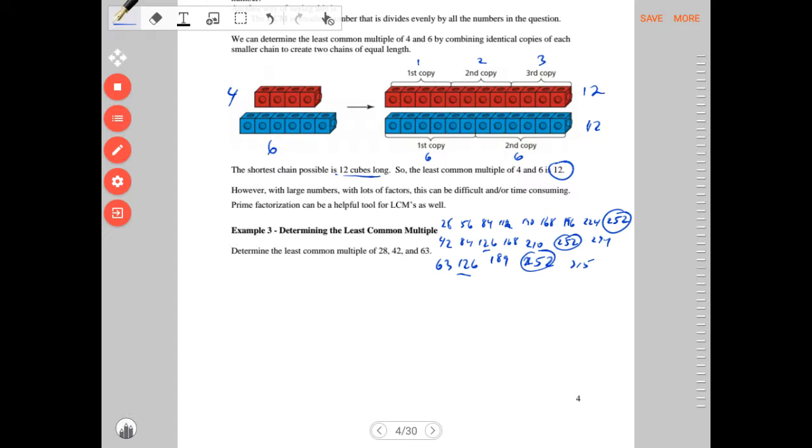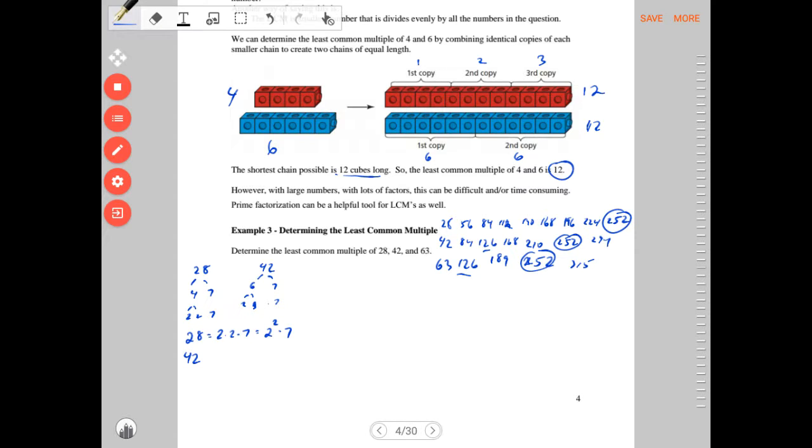So how do we do this with prime factorization? We just take 28. Well, that's 4 and 7, so that's 2 and 2 and 7. So 28 equals 2 times 2 times 7, or 2 squared times 7. 42, on the other hand, is 6 times 7, which is 2 times 3 times 7.